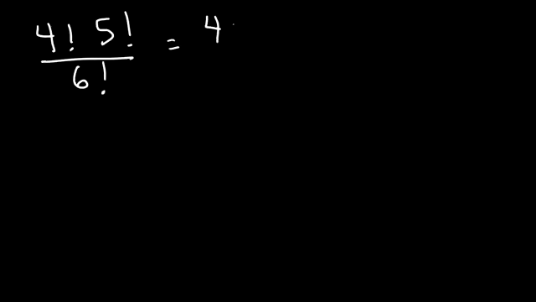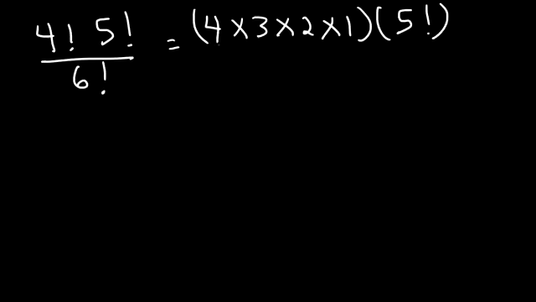Let's work on another similar example. So 4 factorial times 5 factorial divided by 6 factorial. Go ahead and simplify. Now 4 factorial is 4 times 3 times 2 times 1. And 5 factorial, I'm going to leave it the way it is. 6 factorial is 6 times 5 factorial.